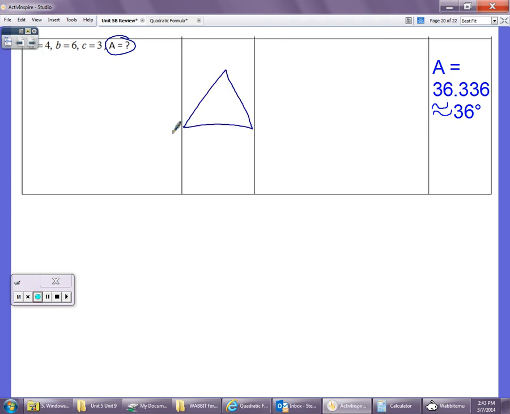So if you draw your triangle, A equals 4, B equals 6, and C equals 3. Normally I would tell you to use the B squared formula. This is SSS, law of cosine.